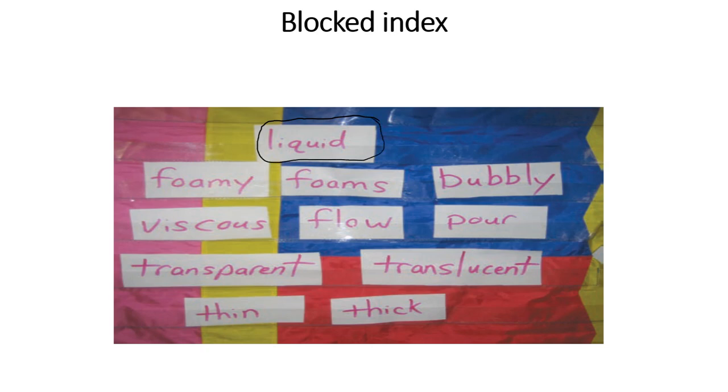So this is a blocked index. So liquid is foamy, forms, bubbly, viscous, flows, pour. So all those terms are related to liquid. So a student can just go to their index and look under liquid and see what terms are there.